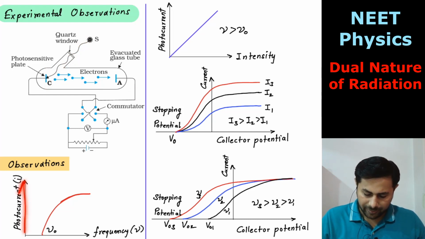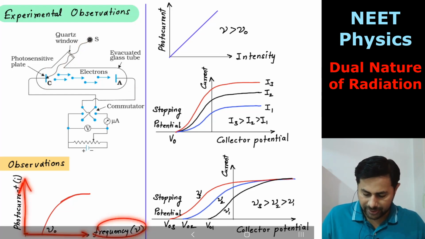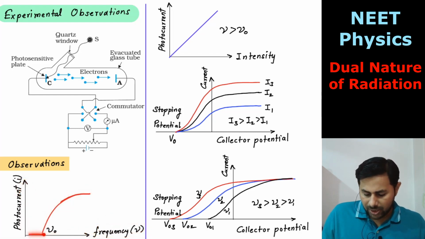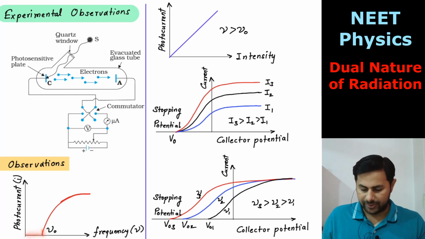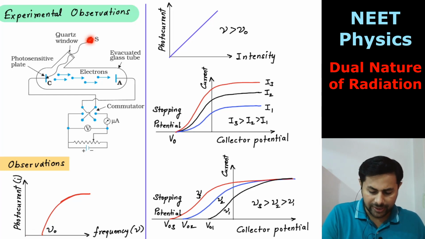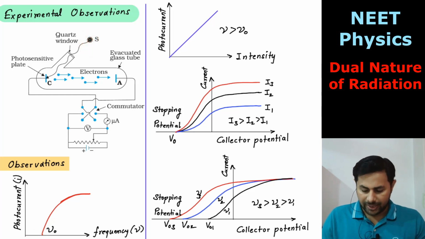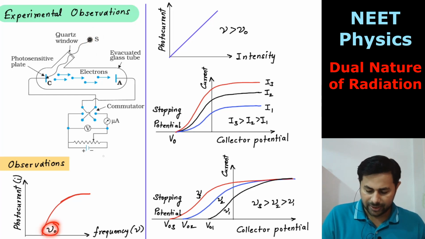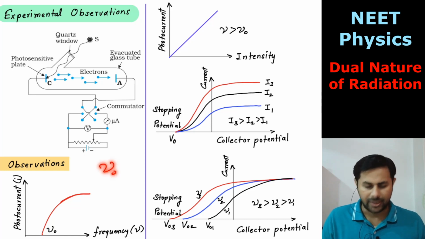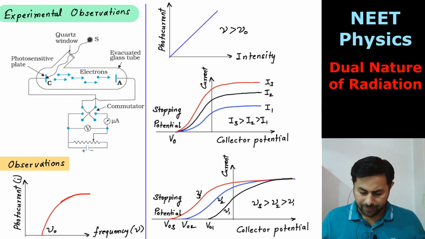See here, the graph between photocurrent and frequency is like this. Until a certain frequency, there is no photocurrent. Whatever the intensity of the light, as long as the frequency is less than this particular frequency called the threshold frequency nu naught, there is no photocurrent, no matter how big the intensity is.